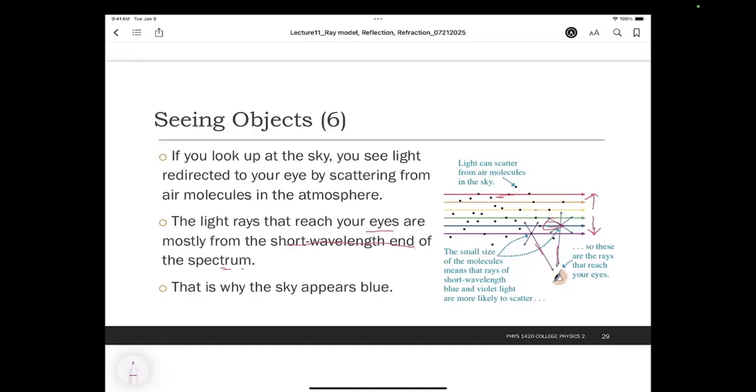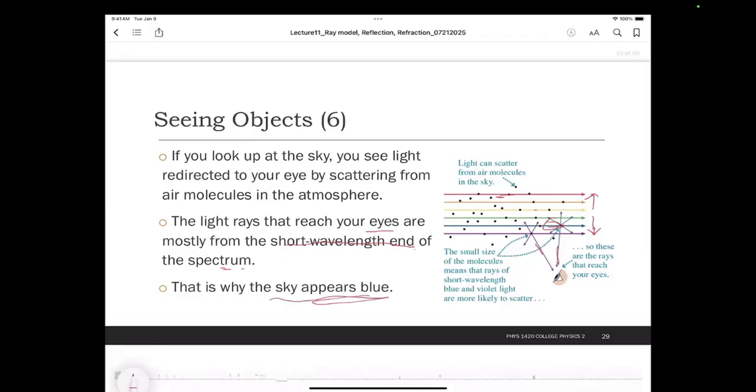Actually, we talked about this in class. The air molecules in the atmosphere scatter light, allowing long wavelengths to pass through and the short wavelengths to scatter, making the sky blue. It's the same thing, just using the scattering situation to explain why the sky appears blue.